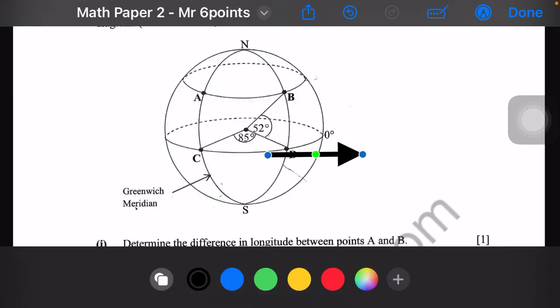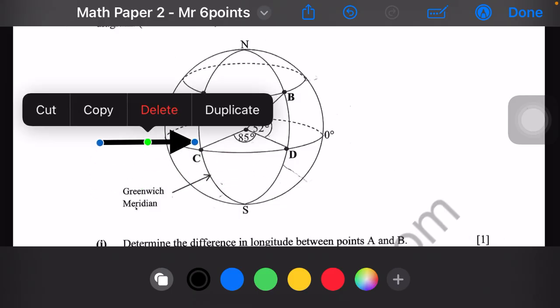This is how we have gotten the 85 degrees. This is the difference from A to B. Why? Because this angle formed here, 85 degrees, started from here and here, which is the same thing as B and A. That's why I've gotten 85 degrees. I hope you are clear on this question.